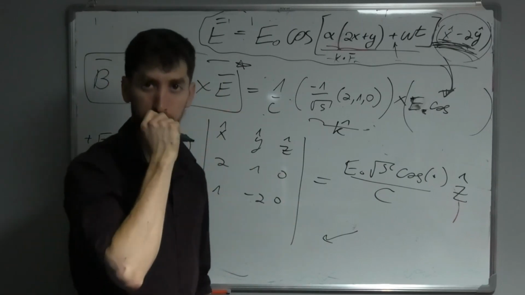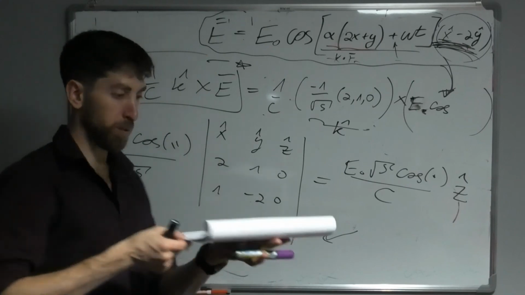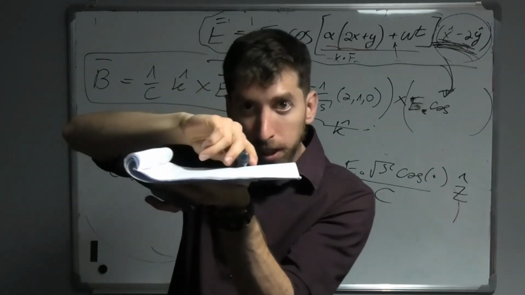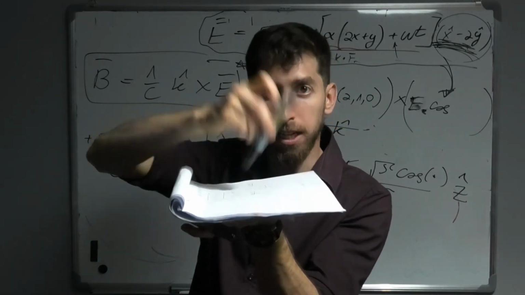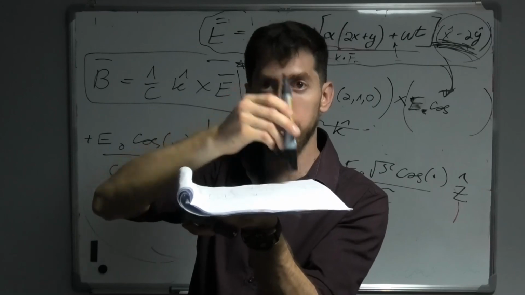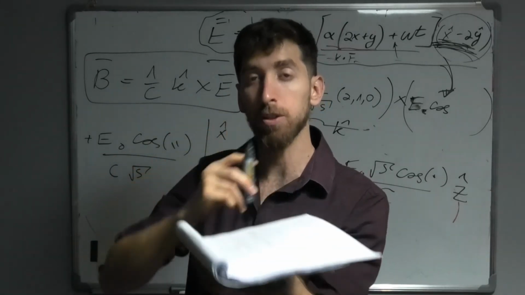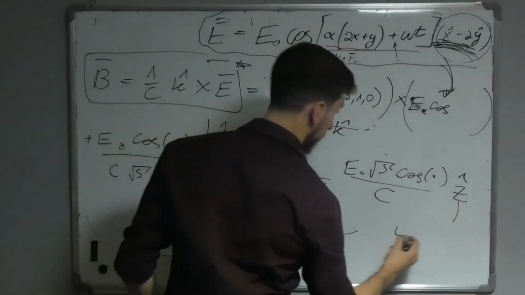So this is a flat line, x and y. In the beginning it was pointing in this direction, and now it's pointing in this direction. But if you want it to be perpendicular, it's perpendicular to this one, and also perpendicular to this one. So it still stays in z. So this makes sense.